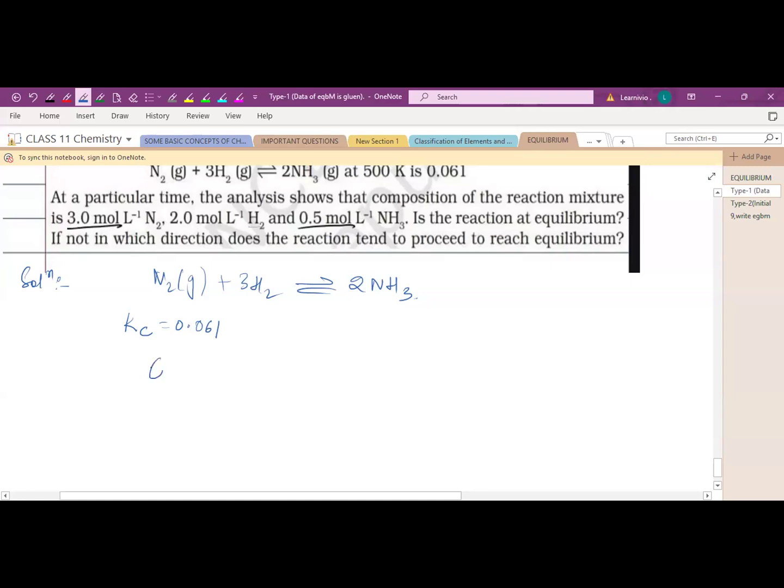So first write down the Q expression. Q equals the NH3 concentration raised to the power 2, divided by the concentration of N2 and the concentration of H2 raised to the power 3.